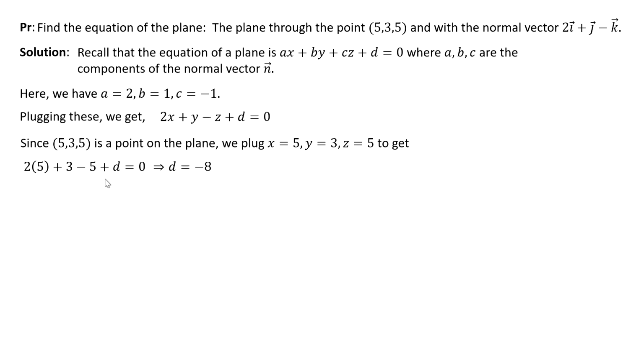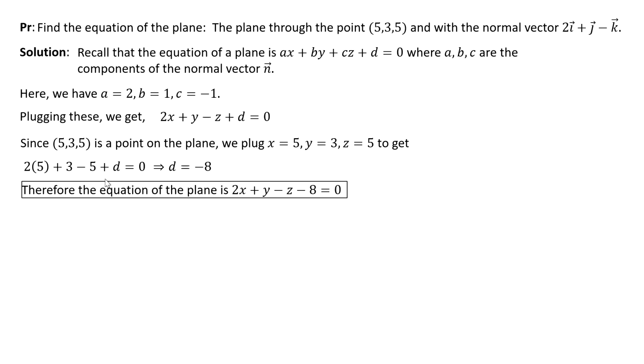Done. The equation of the plane is 2x plus y minus z minus 8 equals 0. I plugged in all the known quantities. That's all there is to it. This problem is certainly fairly straightforward. Would you agree? All right, let's move on to the next one.